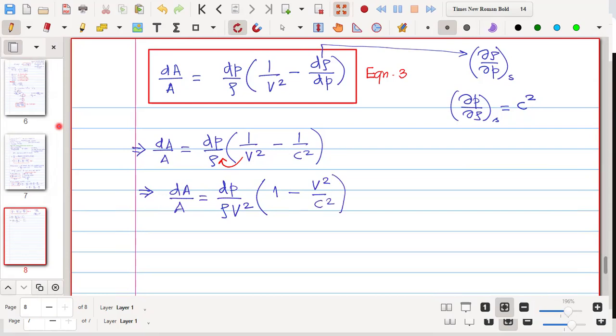And we know that V by C is equal to Mach number. So V square by C square is equal to Mach number square.